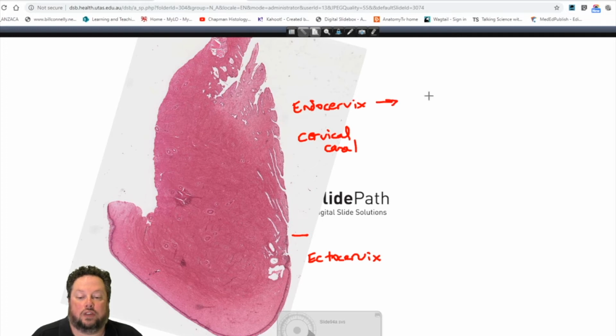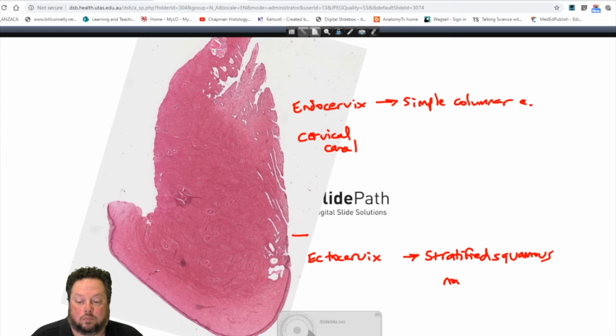The endocervix is lined by a simple columnar epithelium, and the ectocervix, which eventually becomes continuous with the vagina, is lined by a stratified squamous non-keratinized epithelium.